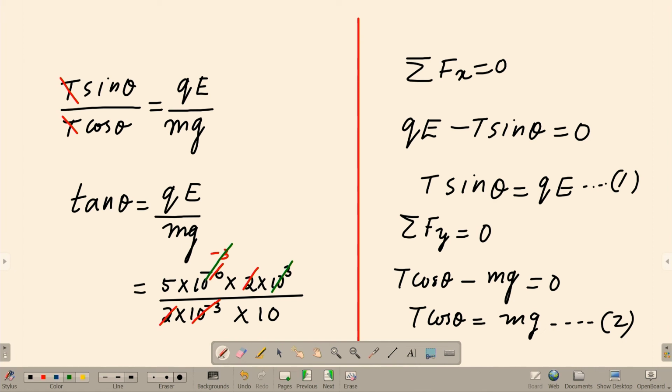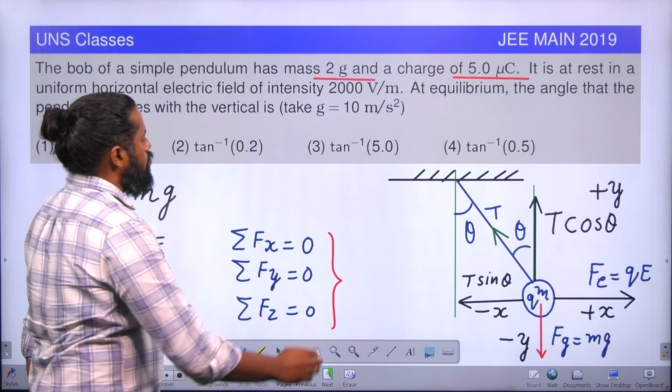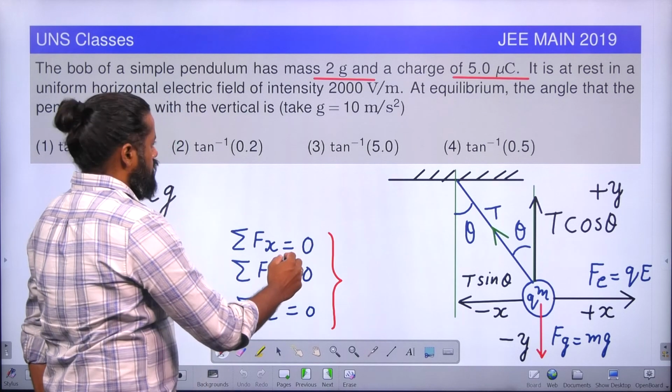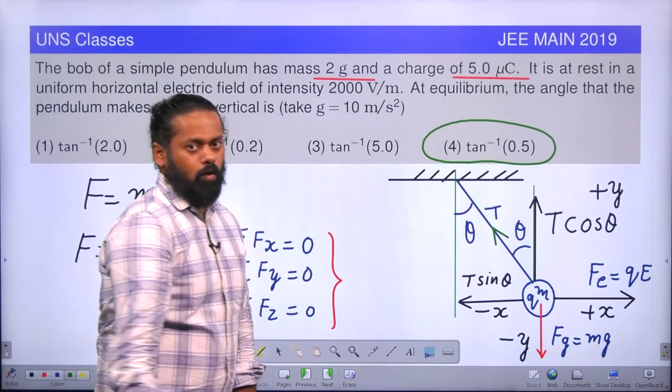So tan theta is equal to 0.5, am I right? So theta is going to be equal to tan inverse of 0.5. Which option matches? Theta is equal to tan inverse 0.5, so the fourth option is the right answer. I hope all of you understood this.